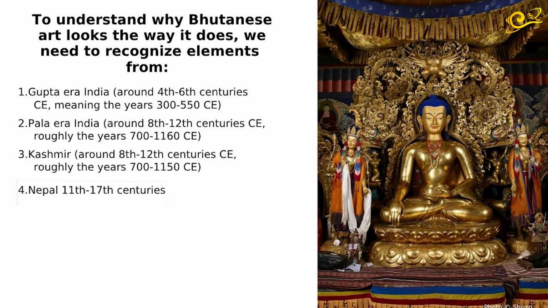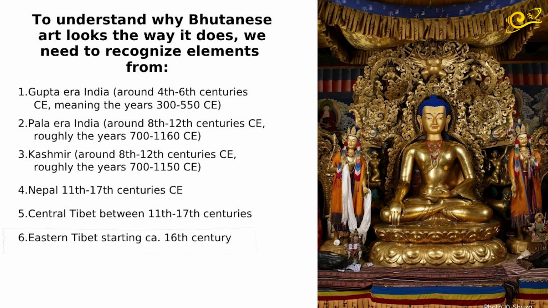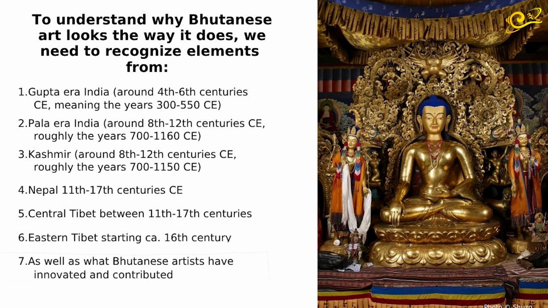Fourth, the arts of Nepal from between the 11th and 17th centuries of the Common Era. Fifth, the art of Central Tibet from about the same time, 11th to 17th centuries. Eastern Tibet around the 16th and 17th centuries, and then finally what Bhutanese artists have contributed and innovated over time. So we'll start with the Gupta era.